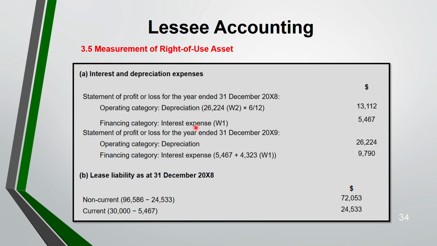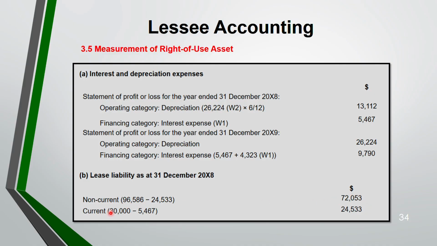And when we come to the interest, which we have done in working 1, we write the amount in the current year, and then in the next year we add the next year to the current year and get the interest expense for 2009. And for lease liability, we first find the current, 24533, which we deduct from the amount given and get our non-current amount.